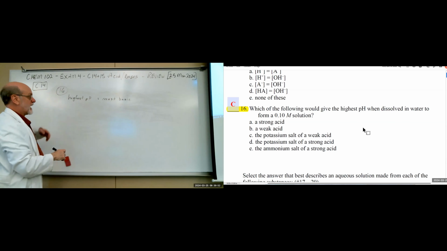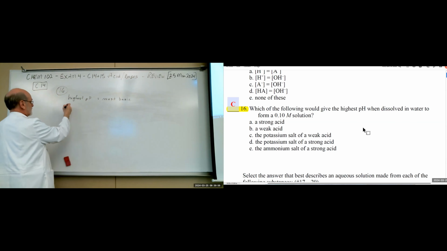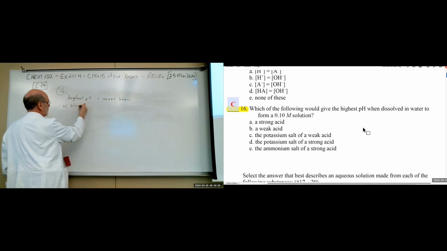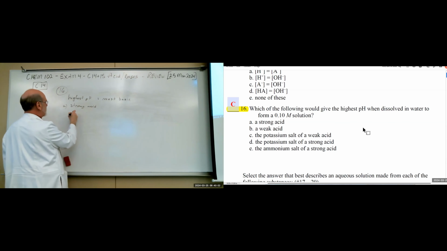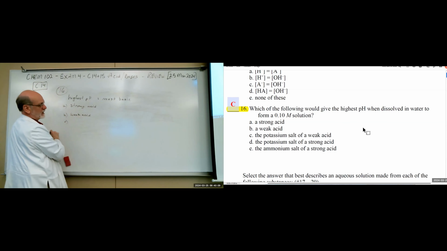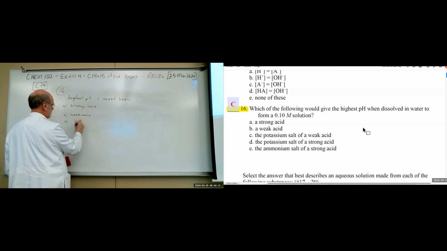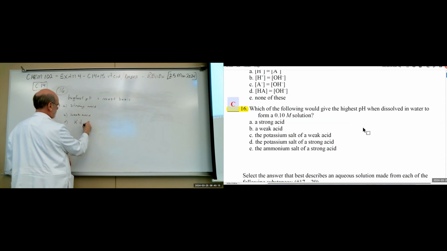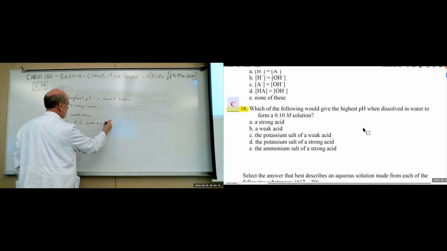All right, strong acid. Nope. Well, let's put them up here. Strong acid, weak acid, and potassium salt of the weak acid, Ka, and the weak acid is HA.